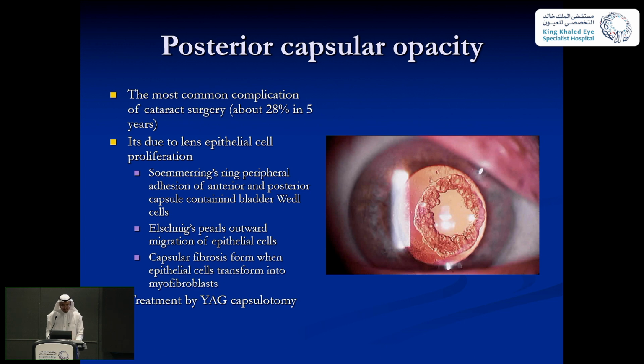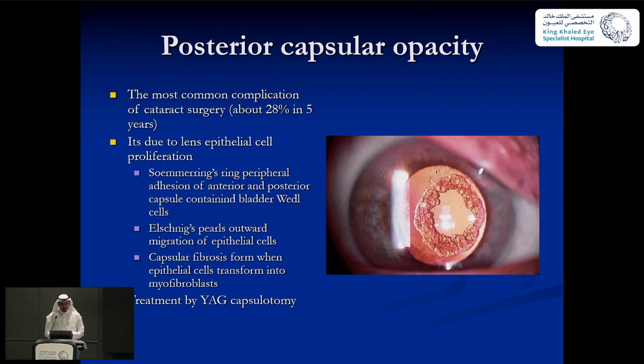The posterior capsule opacity is the most common complication, reported to be around 28% in 5 years in one of the studies. It's due to epithelial cell proliferation of the lens. We have a certain nomenclature here. The Soemmerring ring is the adhesion of the anterior and posterior capsule peripherally that can give rise to opacity peripherally.